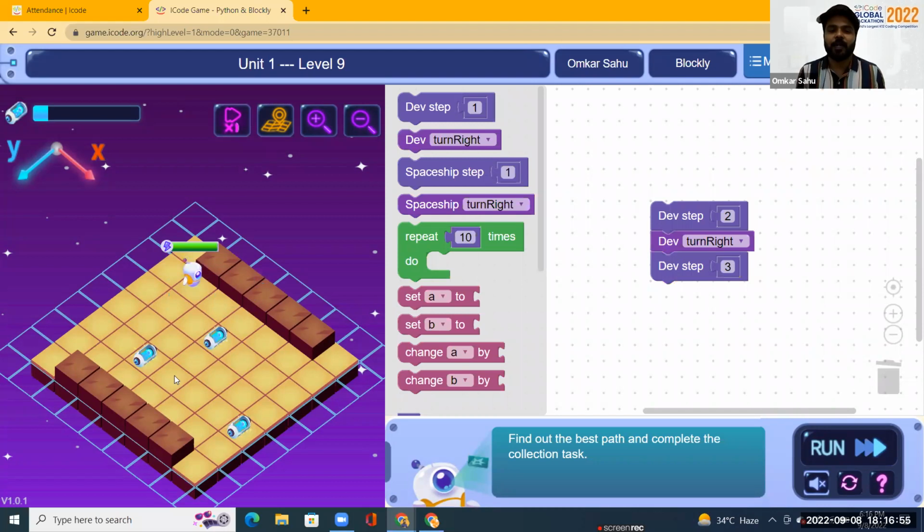Then comes the trickier part. What is the tricky part? That we have to choose whether to move in the right hand side direction or left hand side direction. That selection will give you the minimum number of blocks. If you choose to take a right turn, we need to take only 1 step. If you choose to take a left turn, we will be taking 3 steps to collect an energy booster. Clear? So have a look at it.